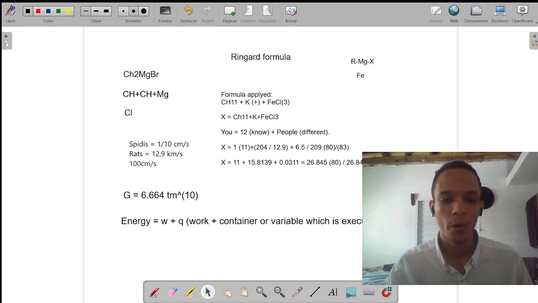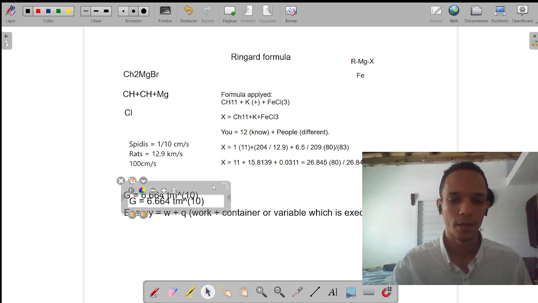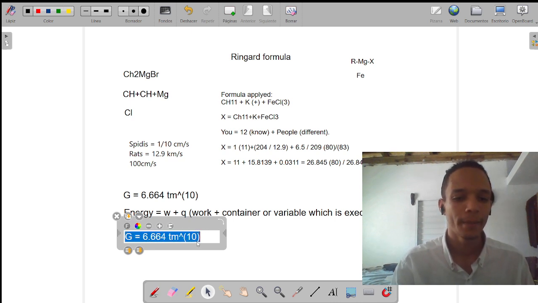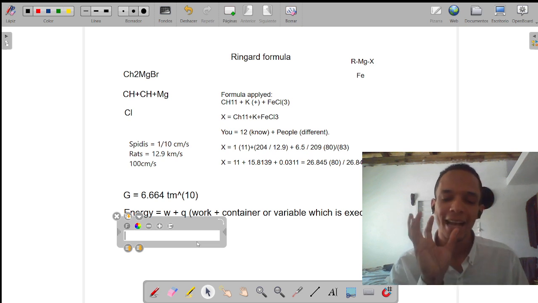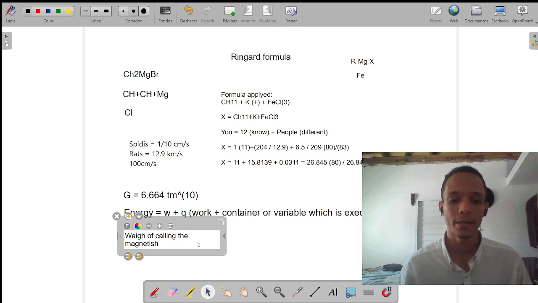Also, just to finish, we have to know what is the weight that causes the magnetism. And it is like this. Weight of calling the magnetism in this occasion is this.